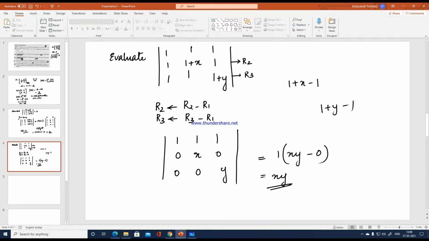If we go the other way around, we have to do plenty of operations. So in order to avoid such operations, we have reduced this particular determinant by applying the property rule. So by applying the property rule, we simplified the determinant, and we found the answer as xy.